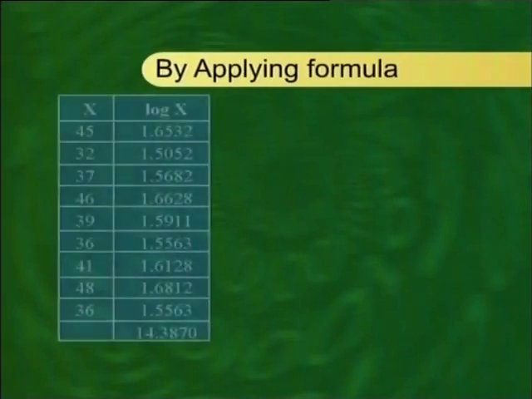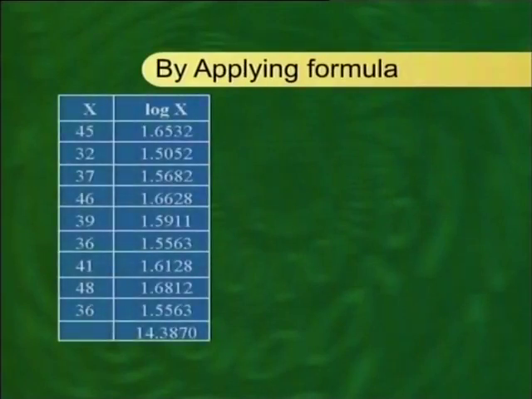But in order to simplify the computations, we will take the log of each of these values and we obtain the figures as you now see. Log of 45 is 1.6532, log of 32 gives us 1.5052 and so on.